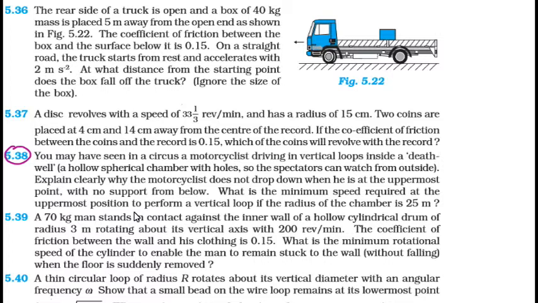Explain clearly why the motorcyclist does not drop down when he is at the uppermost point with no support from below. What is the minimum speed required at the uppermost position to perform the vertical loop if the radius of the chamber is 25 meter?